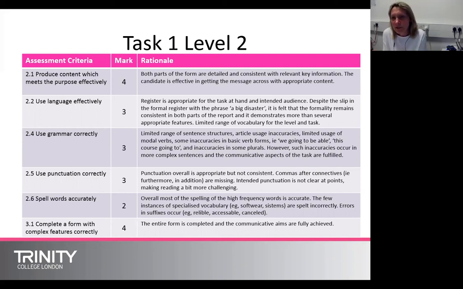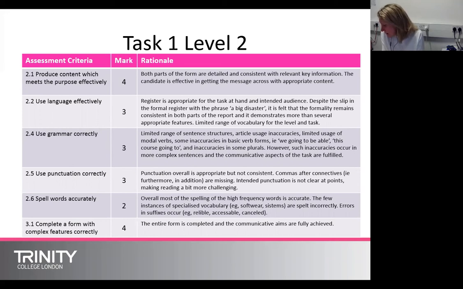There is a limited range of vocabulary or lexis that is linked to these sort of forms. This could be something that the candidate might need to expand on. Grammar, in terms of grammar, there are some inaccuracies, but there is a fairly good range, and this is fairly consistent.